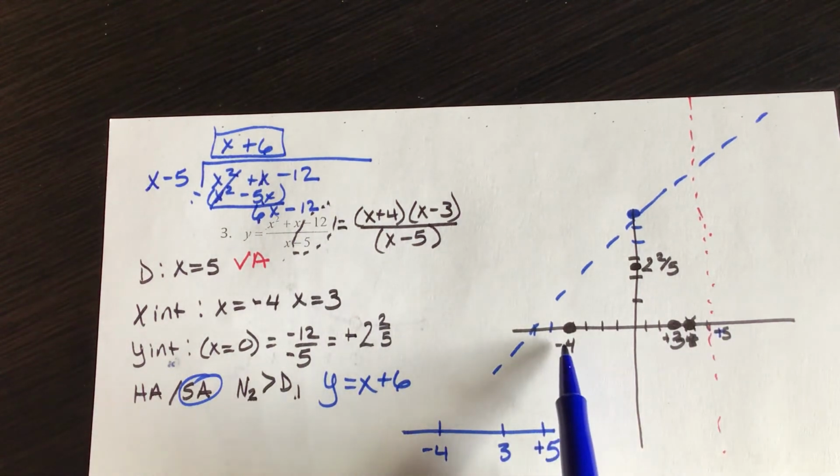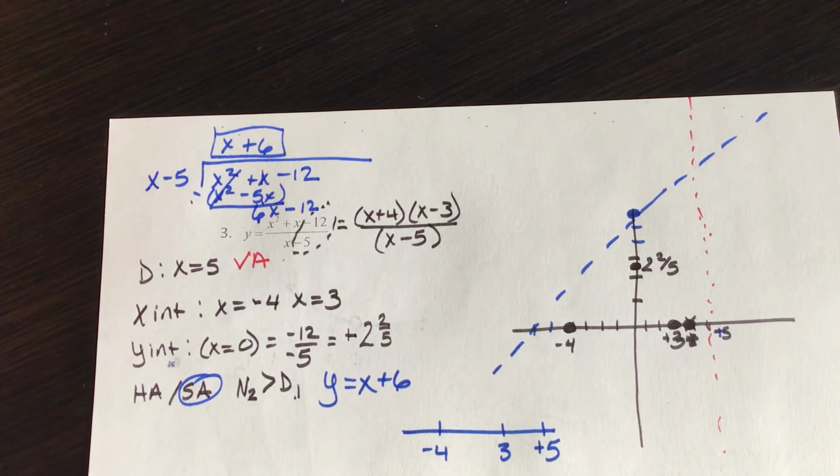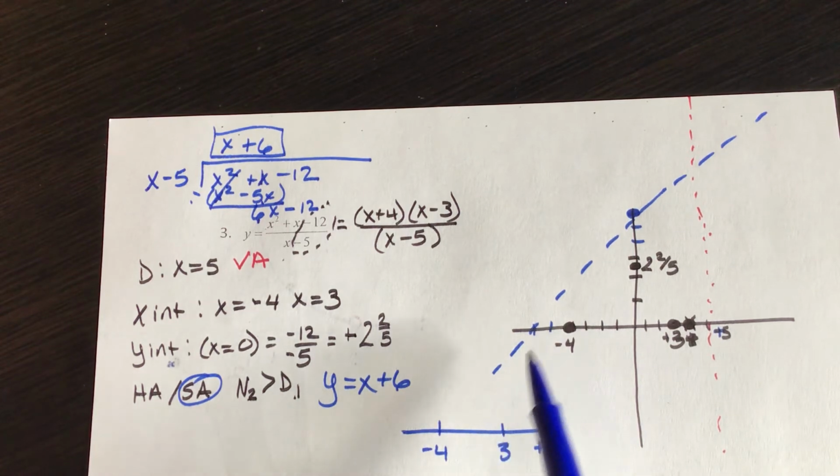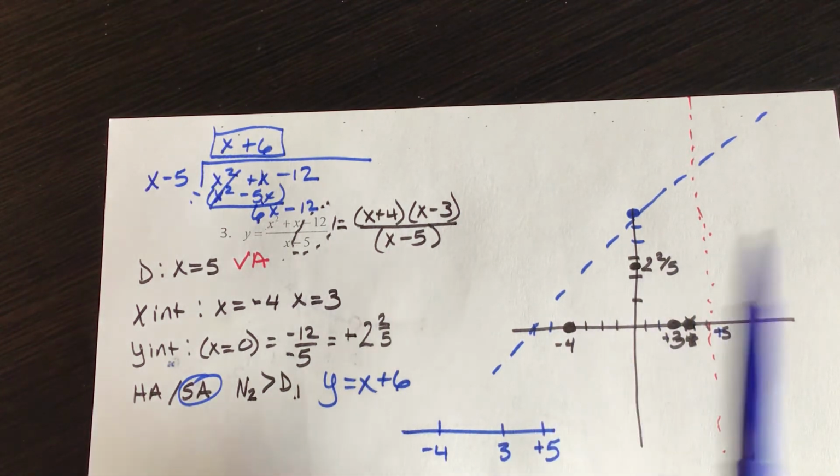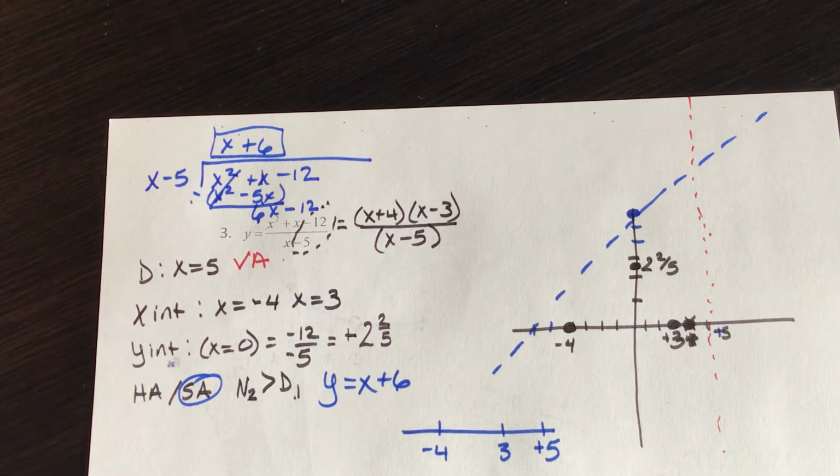And that's all I got on the x-axis that's important. Remember, a graph can cross through a horizontal or a slant asymptote, but never a vertical asymptote.